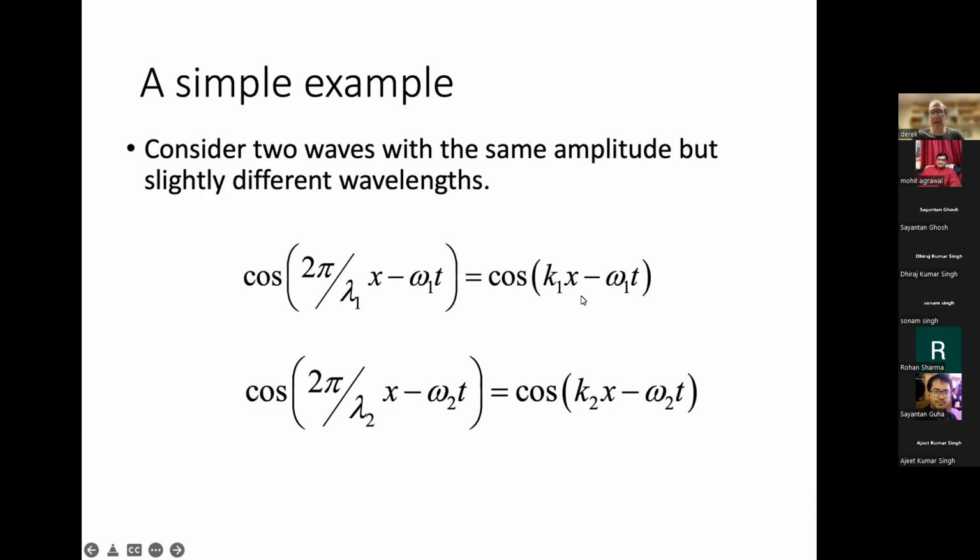So we can rewrite it as cosine of k sub 1 x minus omega sub 1 t. And then we have another wave, which has a slightly different wavelength, and that can be written as cosine of k sub 2 times x minus omega sub 2 times t.